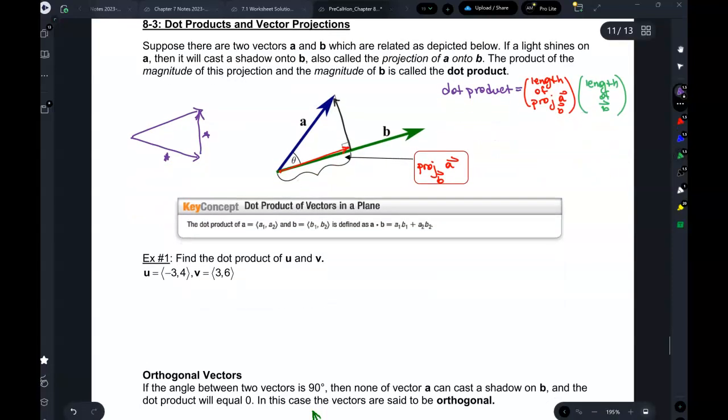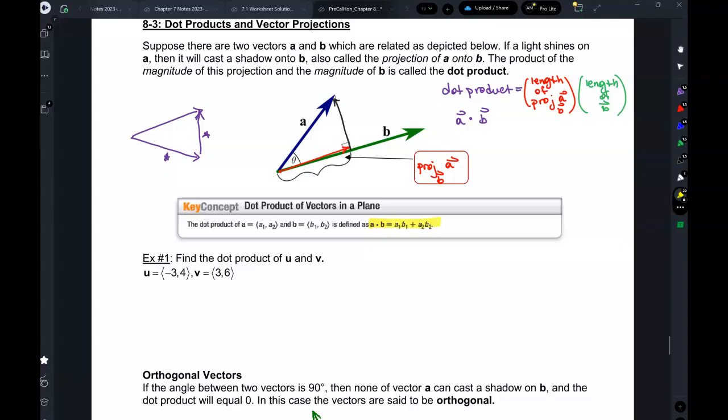Now, we're not going around carrying a ruler with us. So how is it that we can find this? There's actually the cutest little formula, and it's this. The dot product, first of all, is written as A dot B. That's literally how we write it, and that's what we call it, A dot B. What is the formula for this wonderful little A dot B?